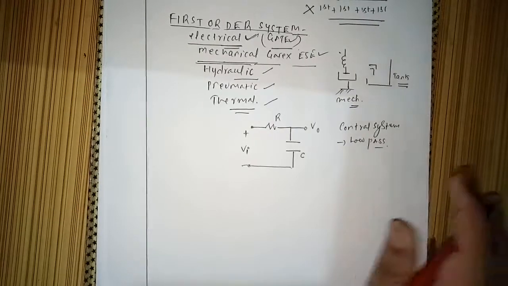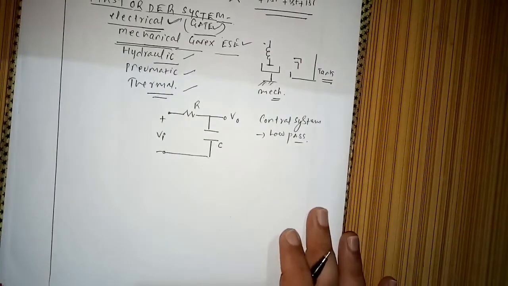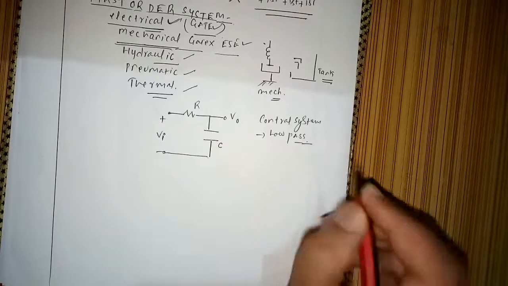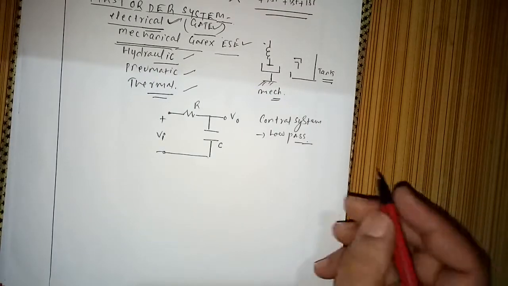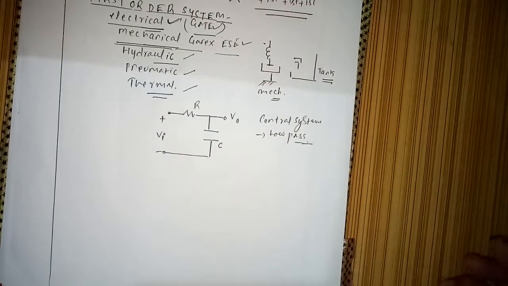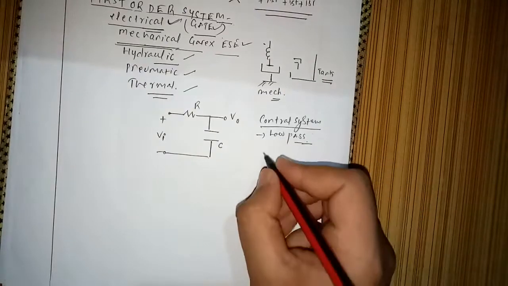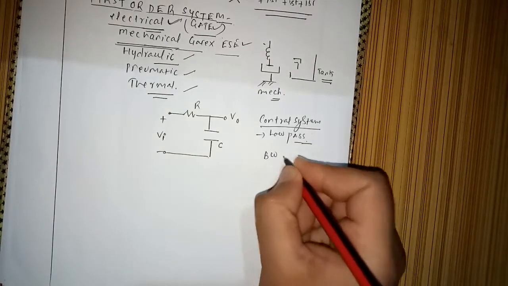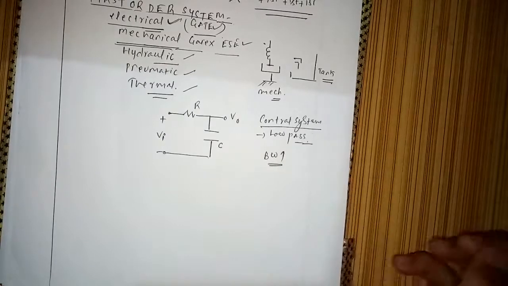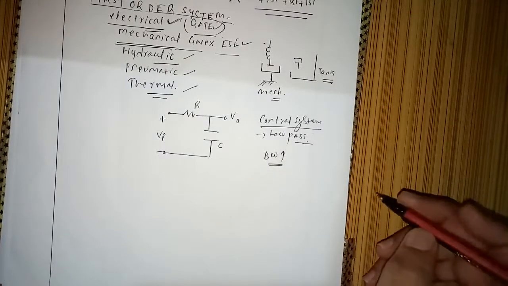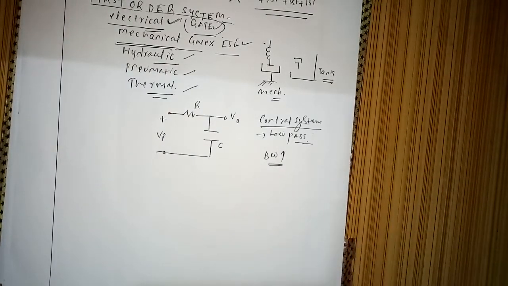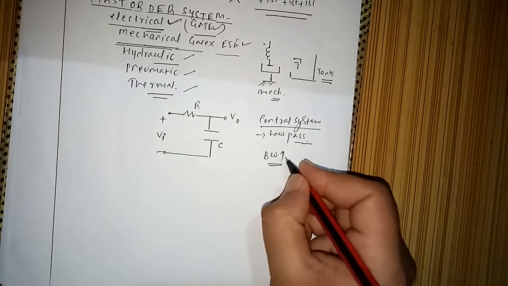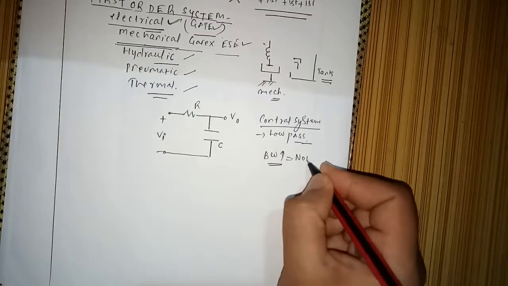Low pass systems are those systems which pass only low frequencies. But why not high frequency? We don't use high frequency in control systems, because at high frequency the bandwidth increases.